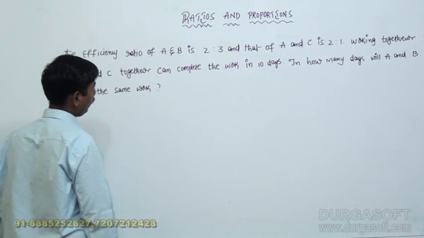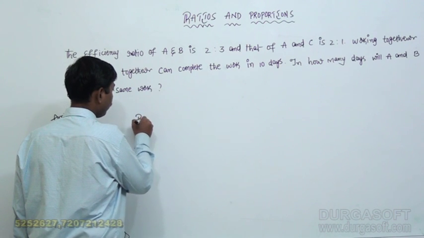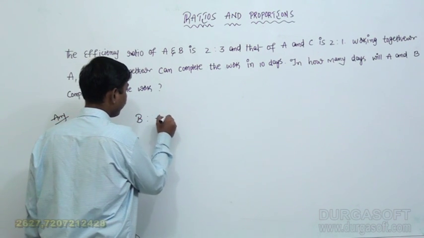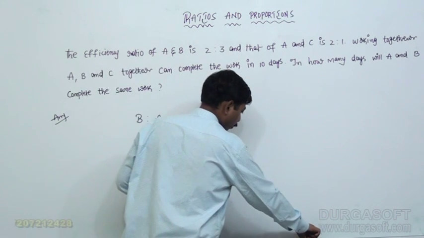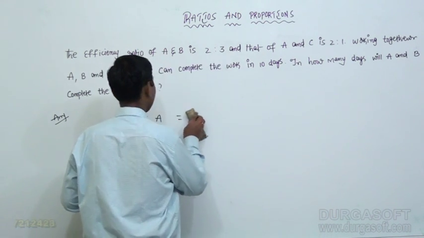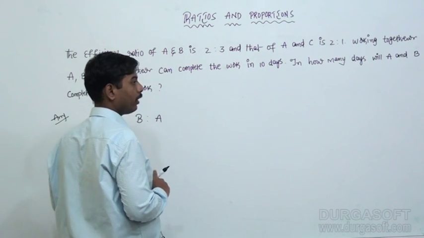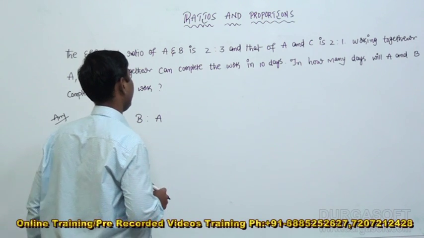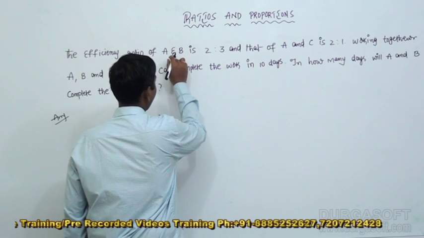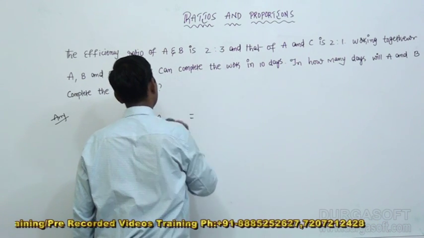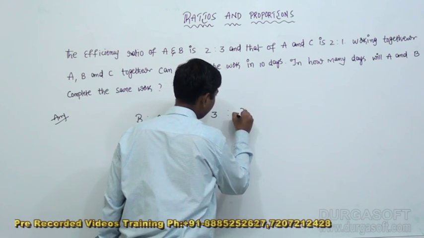A is to B ratio is 2:3, so how can I write it here? B is to A ratio, my dear guys. Why do we write B is to A and not A is to B? Because in the two ratios A is common. That is the reason I am writing it like this. B is to A: A and B is 2:3, so B and A should be 3:2.